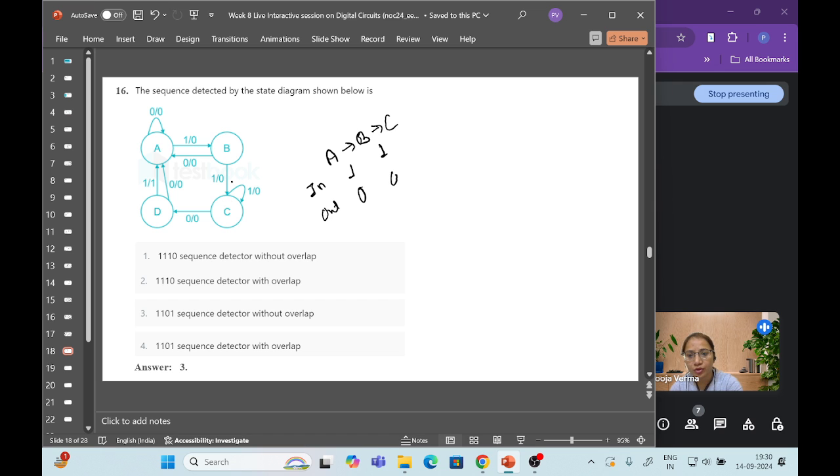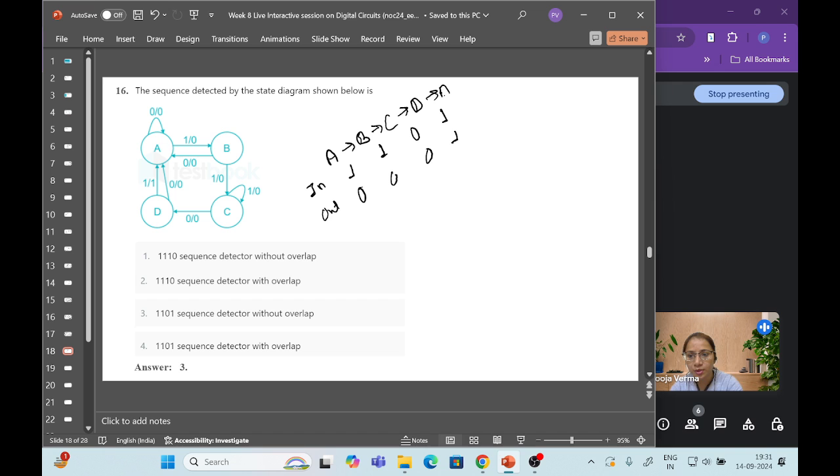When input is 1, it goes to C. Otherwise, when input is 0, it moves back to the previous state. Now from state C, when we are moving, input is 0 and output is 0. Now for the next state, D to A: input is 1, output is 1.